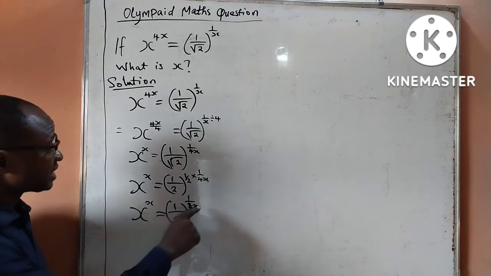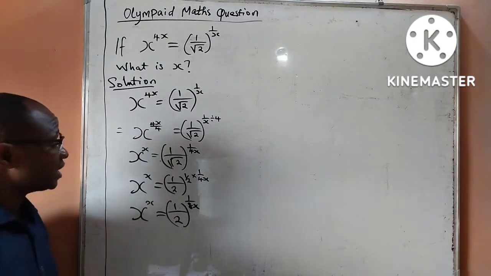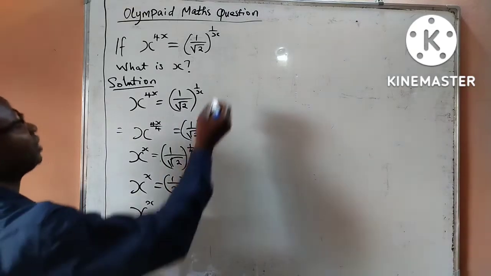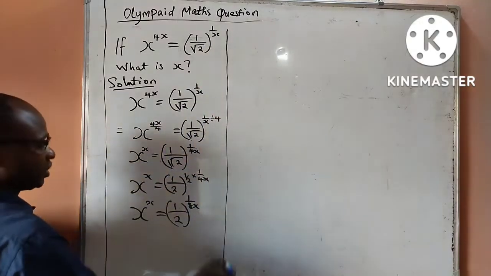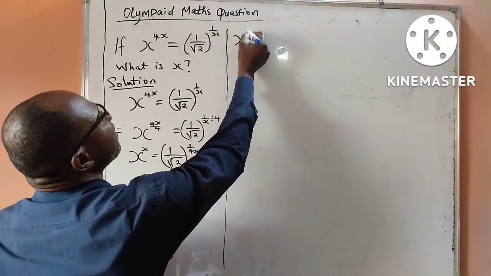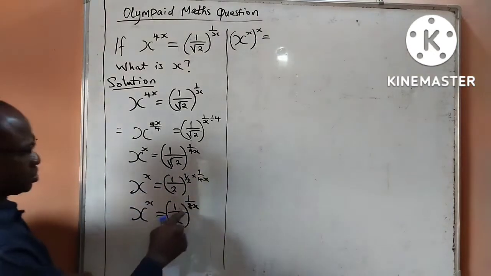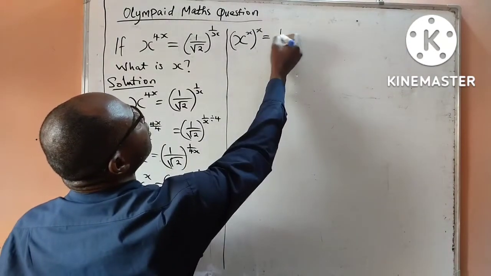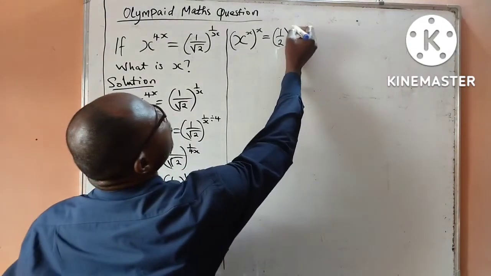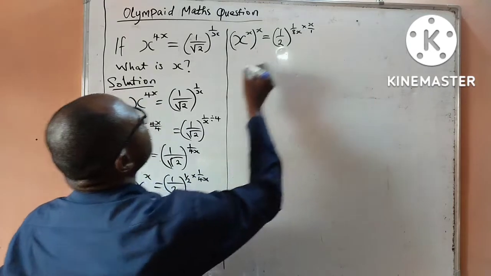When I multiply this side by x, I will now get rid of this x at the denominator. That is now going to be x raised to the power x multiplied by x equal to 1 all over 2 all raised to the power 1 over 8x multiplied by x over 1.